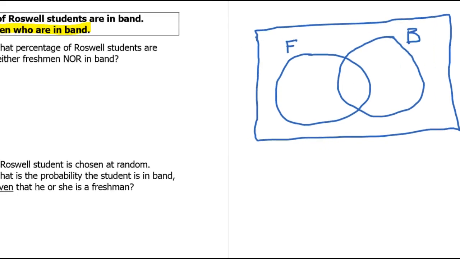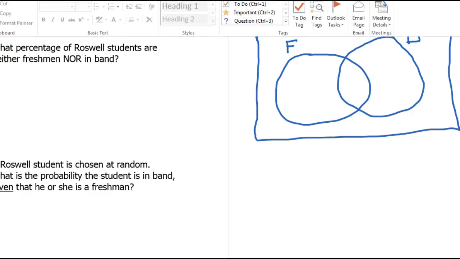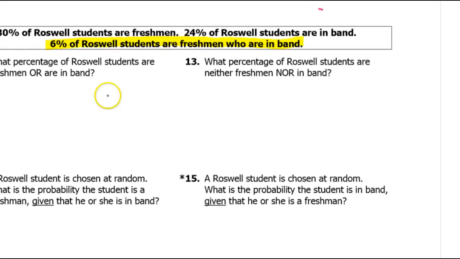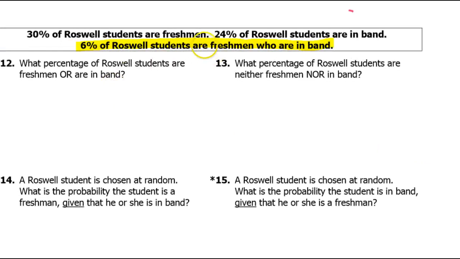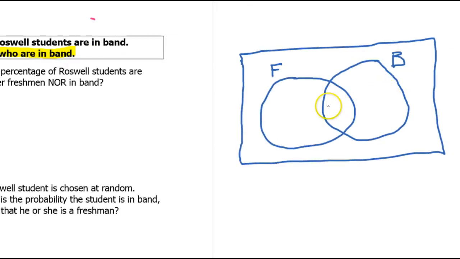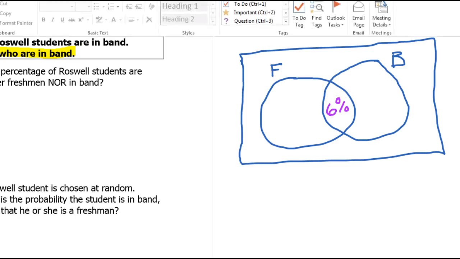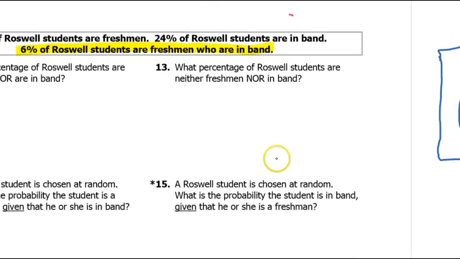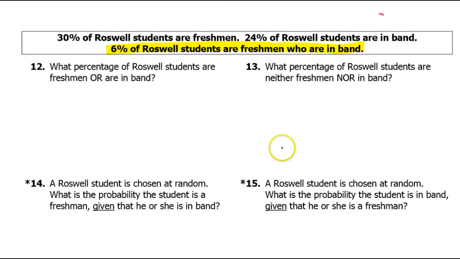Okay, so let us start with the overlapping part. 6% of students are freshmen who are in band. So that's the overlapping part, it's going to be 6%. All right, do not drop off the percent signs, by the way. If you have a percent, it's very important that you keep the percent sign. Otherwise, it's a completely different number.